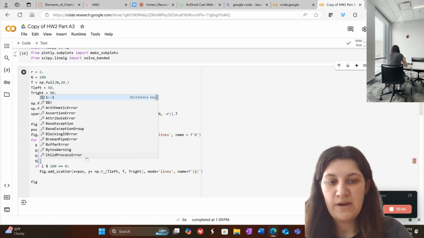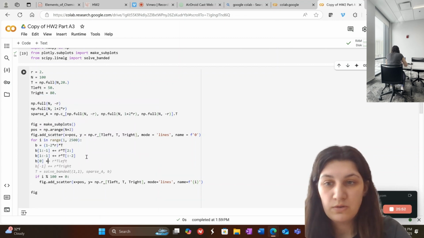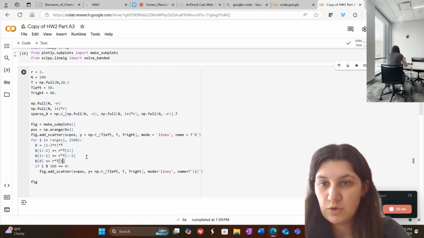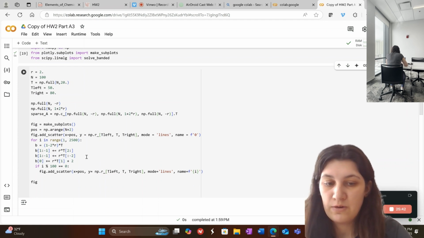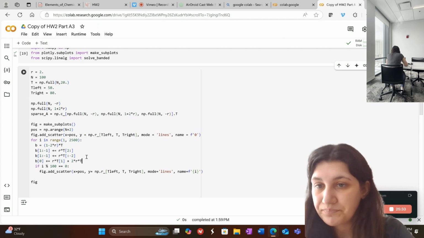Now, if you remember, our first and last values are special. So for those, what we want to do is do r times that first temperature value plus our temperature to the left. So 2 times r times T left.